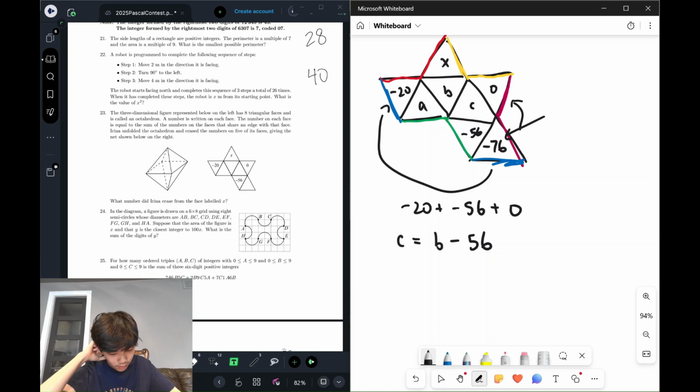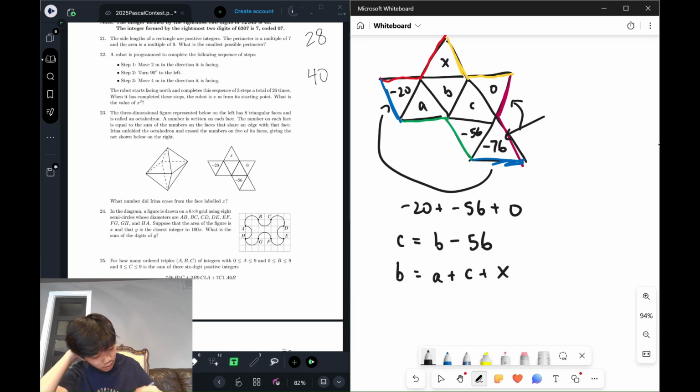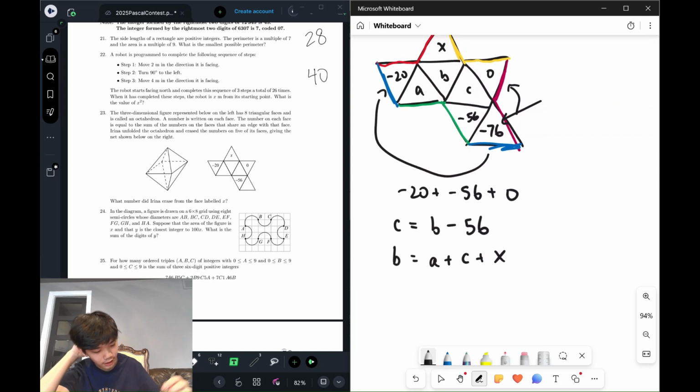Looking at triangle B, we have that B is equal to A plus C plus X. Since we want to solve for X, let's isolate for X here. So X is going to be equal to B minus A plus C.